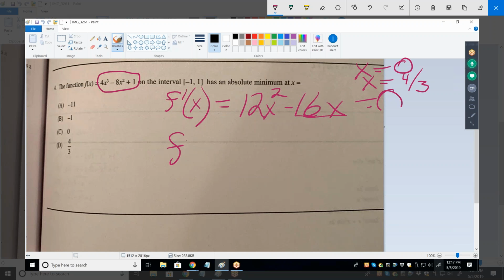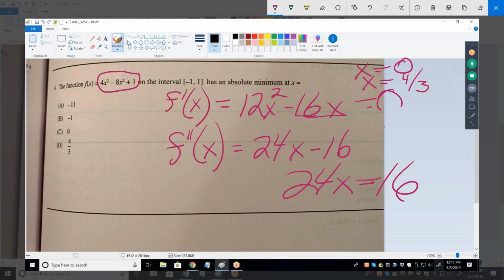So now take the second derivative. The second derivative is 24x minus 16. Which means 24x equals 16, because we want where the second derivative is positive.